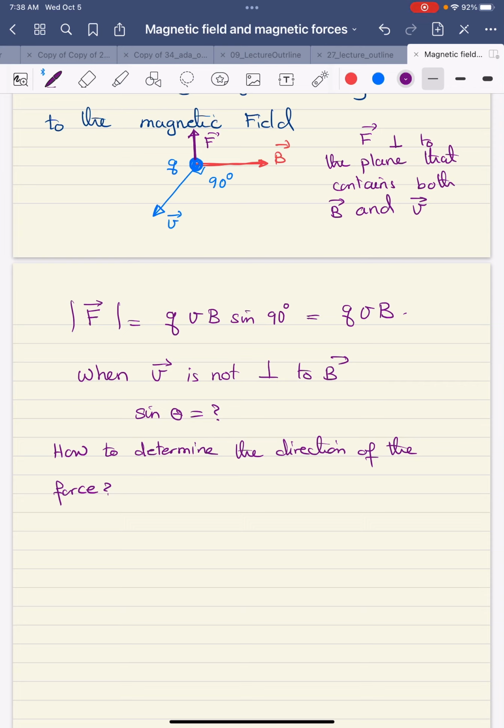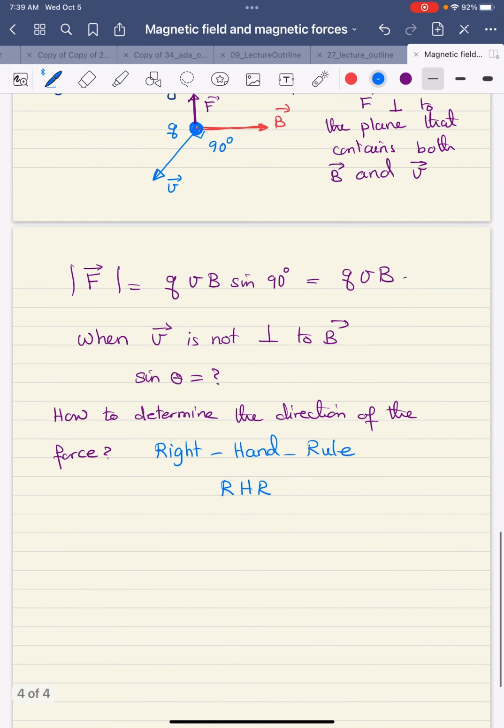Now, the first thing is we have something here called the right hand rule. Sometimes we can say it's RHR. All right, the right hand rule we are going to apply to find the direction on a positive charge. Then if the charge is negative, we're going to say reverse, the opposite.